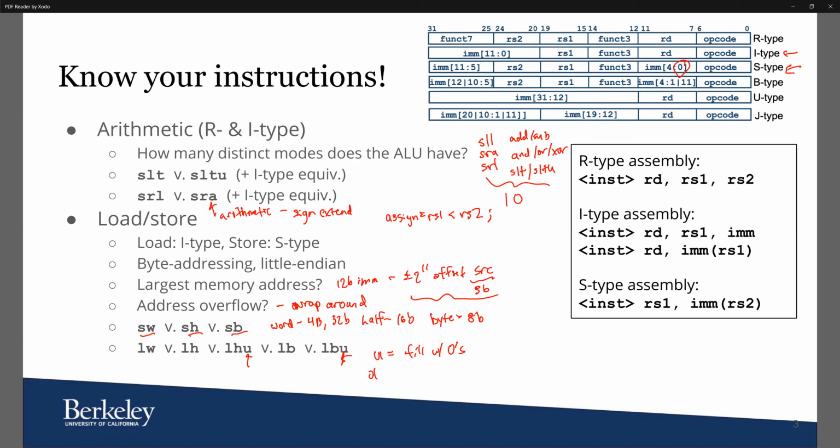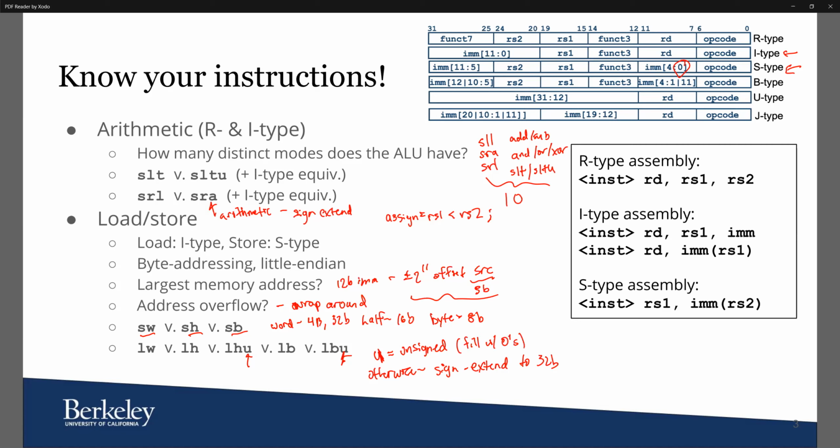And otherwise, sign extend to 32 bits. Awesome. What was that equal to? Fill with zeros. Oh, so it's U? Yeah, U means unsigned. Okay, unsigned, which means fill with zeros.